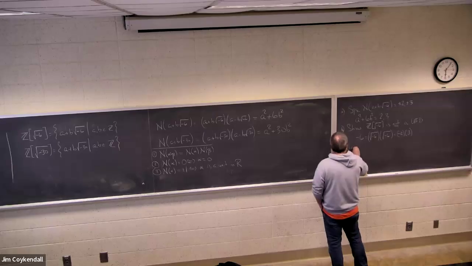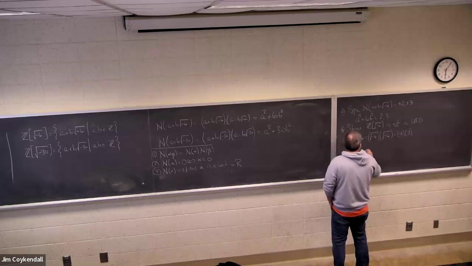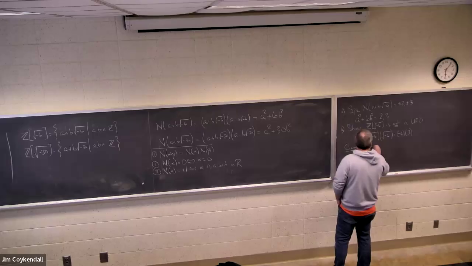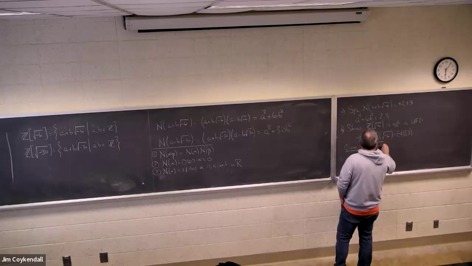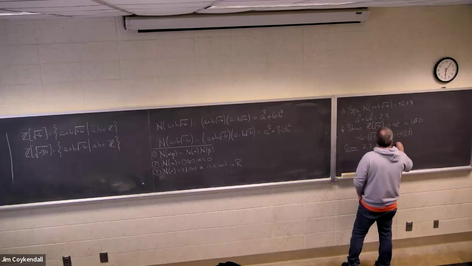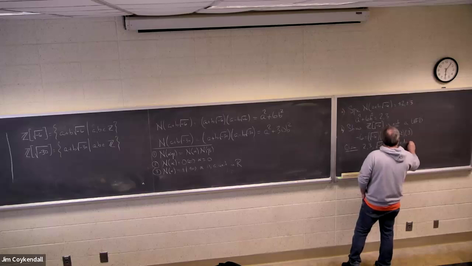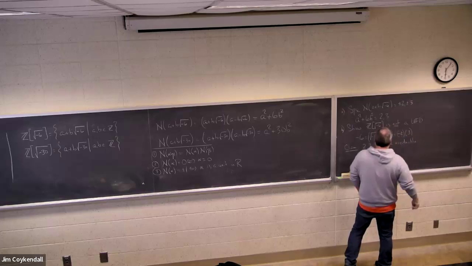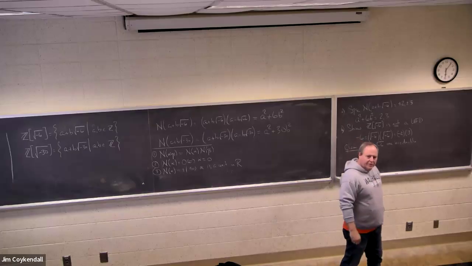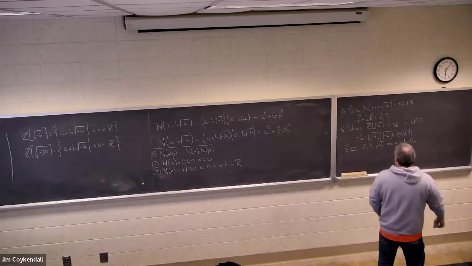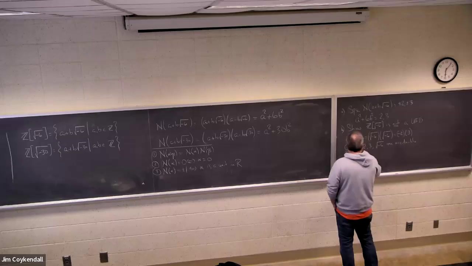Claim: 2, 3, and radical -6 are irreducible. I call these three elements. Let me prove this. First, norm.